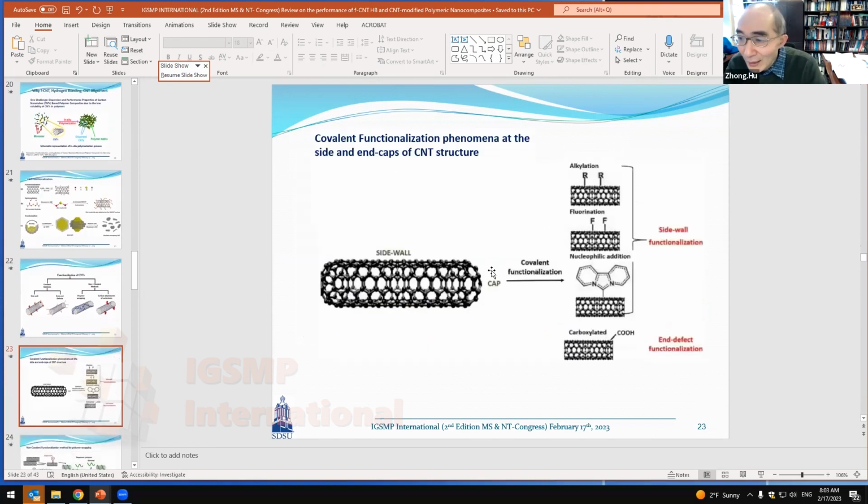Another way: if we use covalent bonding for the functionalization, you can imagine, sometimes they can make the bonding on the side of the carbon nanotube wall, or maybe they can break the end and bond on the end.